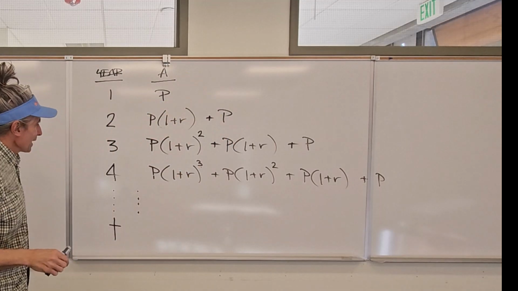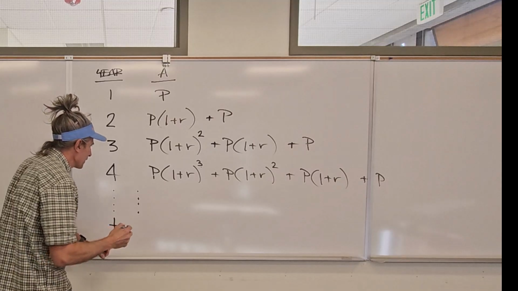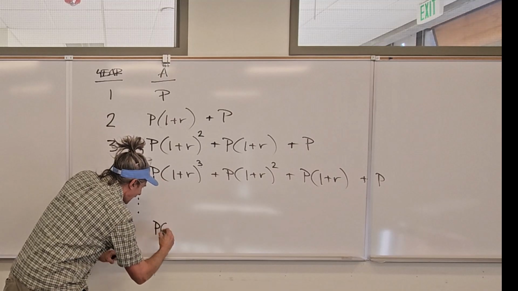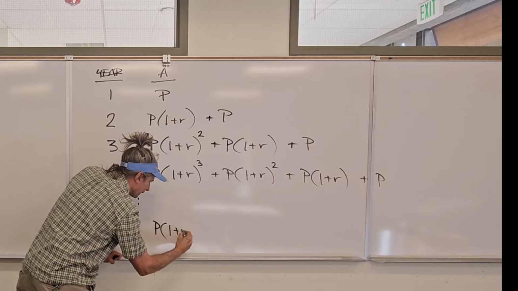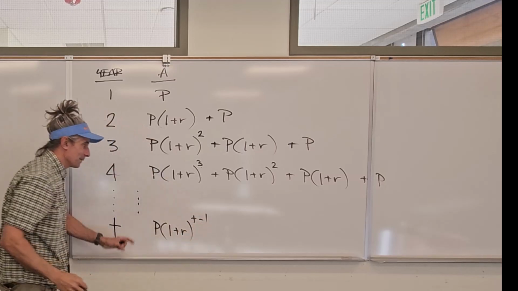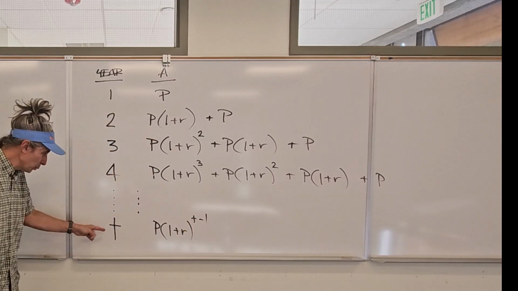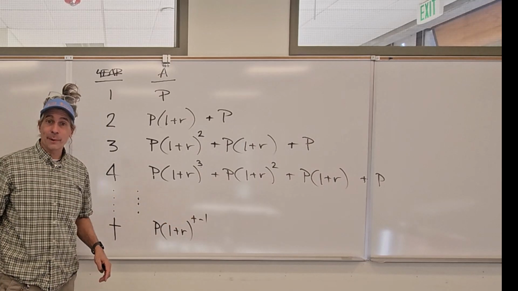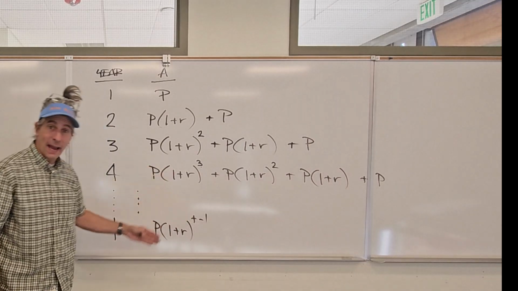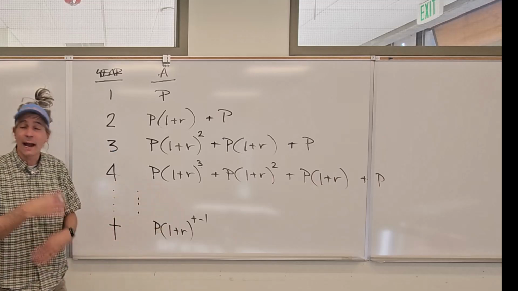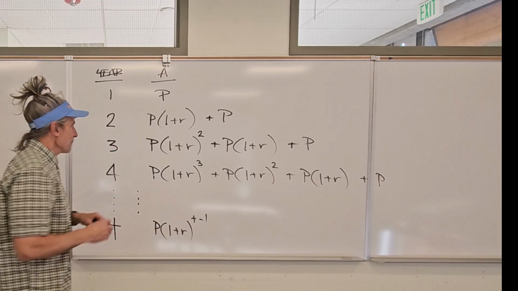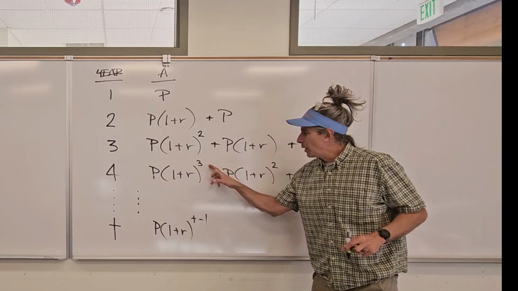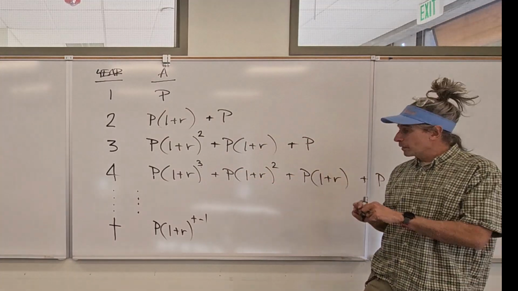So if it's always 1 less than the number of years, I can write this as 1 plus r to the t minus 1. If I knew what t was, I could subtract 1 from it and get it. So if t was 20, that'd be 19. If t was 30, that'd be 29, and so forth. Now, hopefully you're noticing the powers up here are decreasing by 1 as we go.